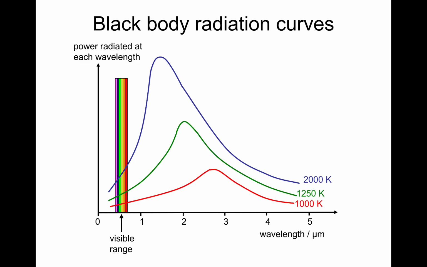What you should notice is that as the peak wavelength shifts to the right, so as peak wavelength increases, the temperature of the star goes down. So there's an inverse relationship between peak wavelength and temperature.